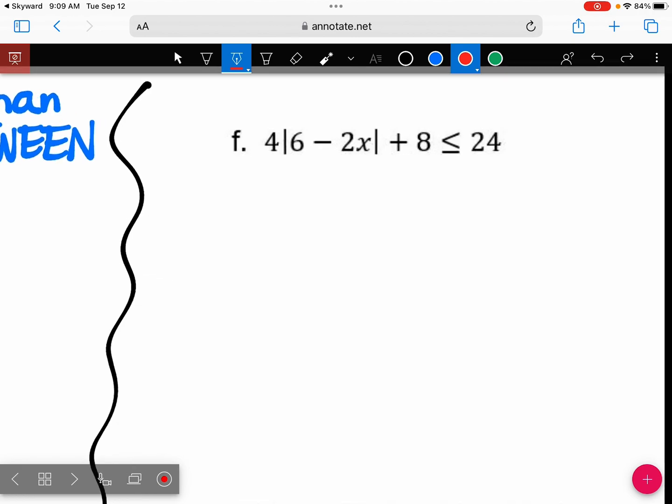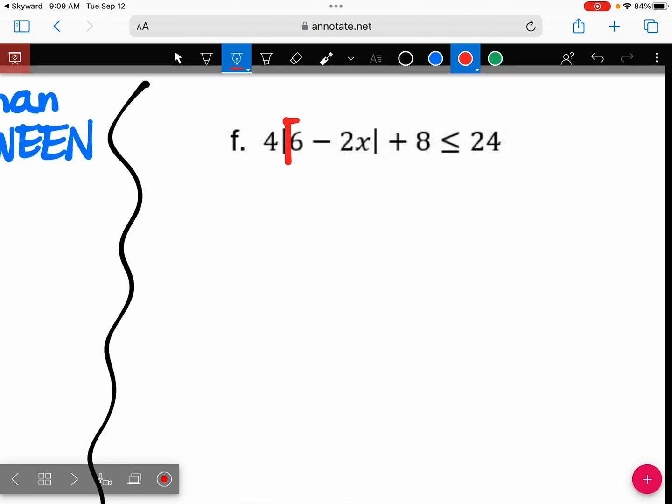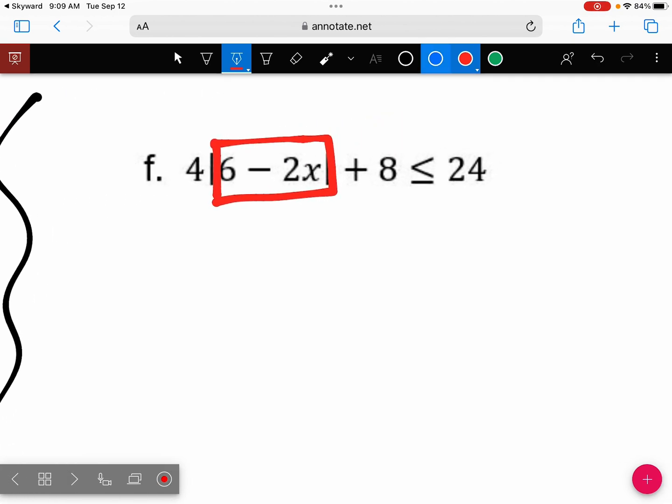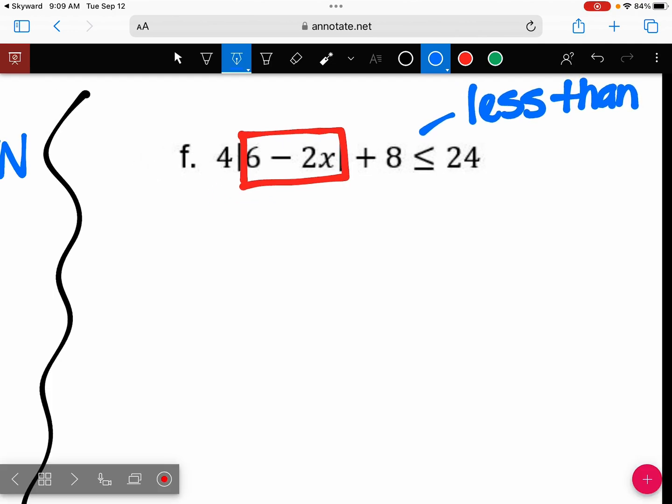All right, so again, we have an absolute value. We're going to make our box. This is another less than, and less than is between. So we're going to start by subtracting 8.